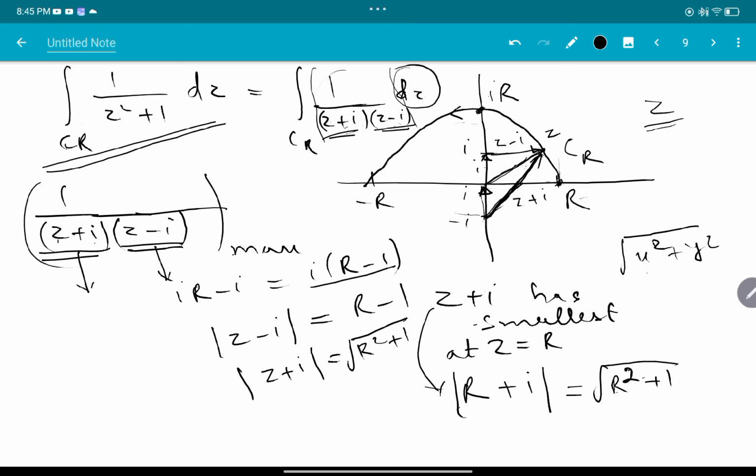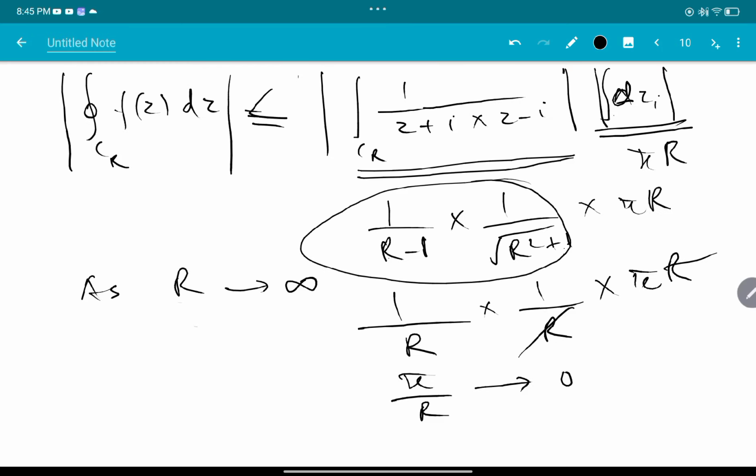We have already shown that in that lemma. After all, these dz's are elements of path length, and when you integrate them you get the total path length. That gave me the upper bound of this.